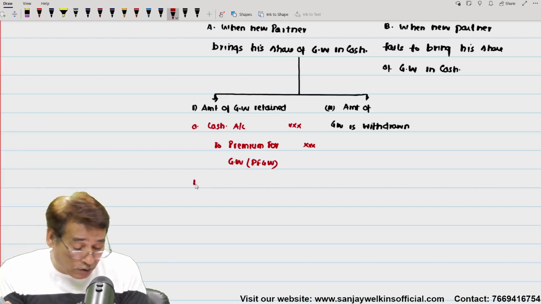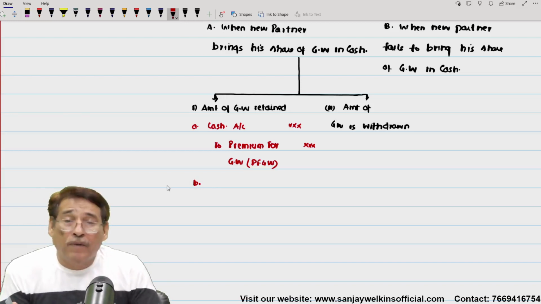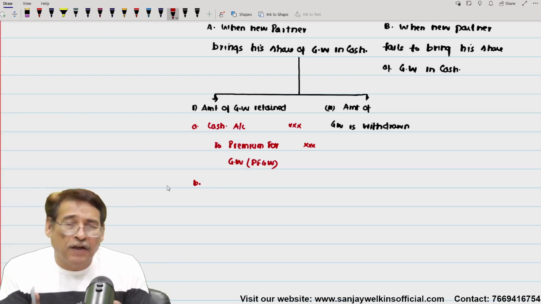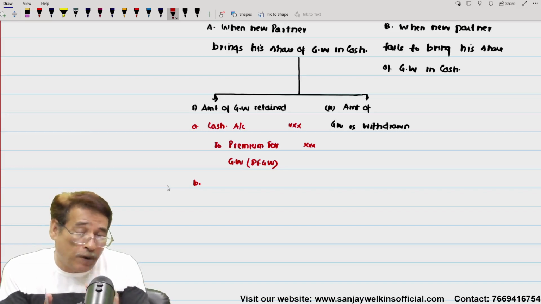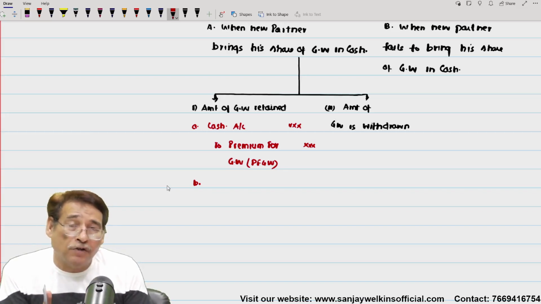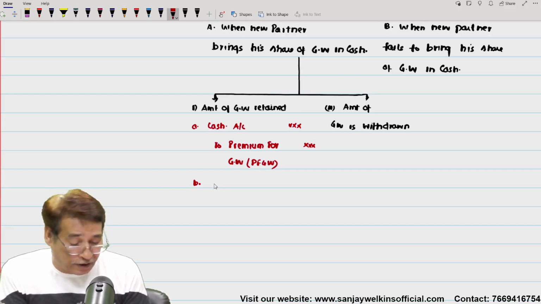I have already told you that the new partner brings goodwill to compensate the old partners, because due to his admission, old partners have lost a part of their share of profit. So whatever premium for goodwill is brought in by the new partner will be credited to the old partners in their sacrificing ratio.